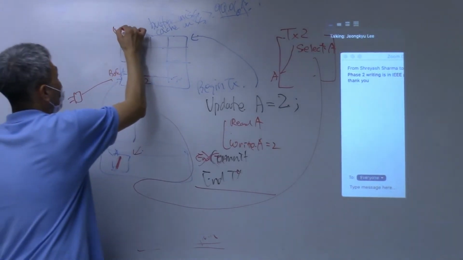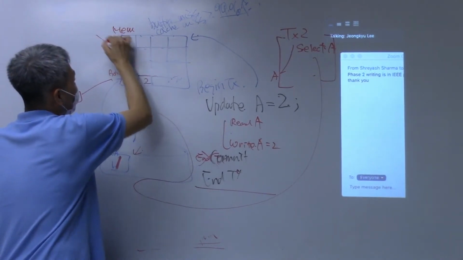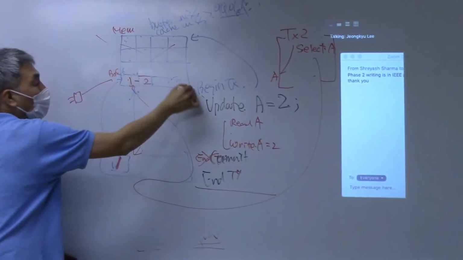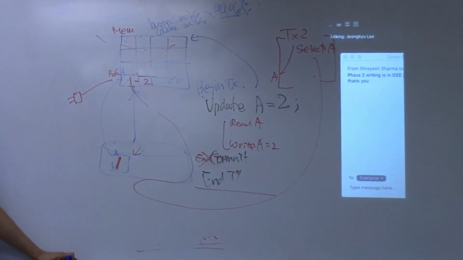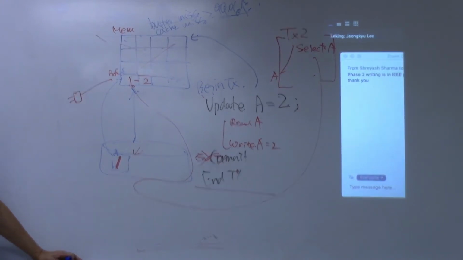This is a memory buffer, so you may lose this data. It's still 1, even though it was committed. So we cannot guarantee the database consistency.